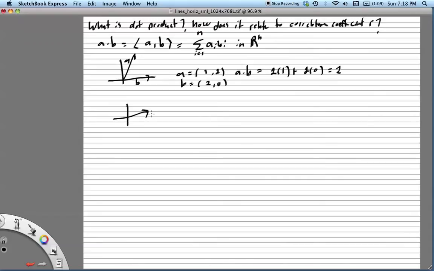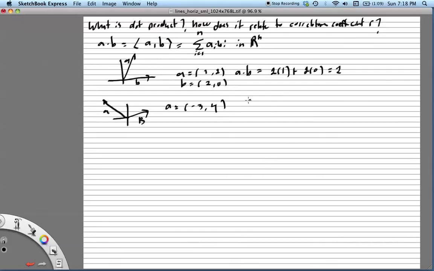We'll let B be the same vector, but now we want A to be shooting off this way. We're just making this up. A could be equal to, say, (-3, 4).